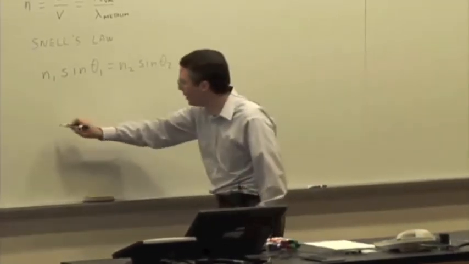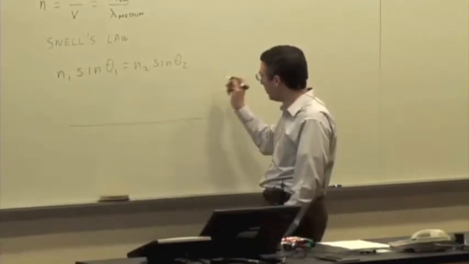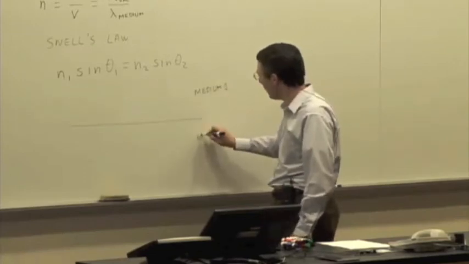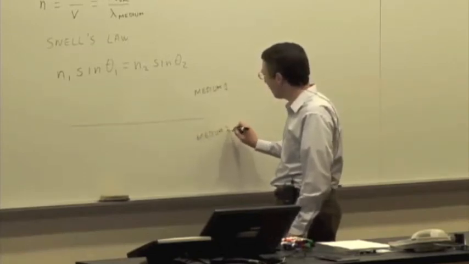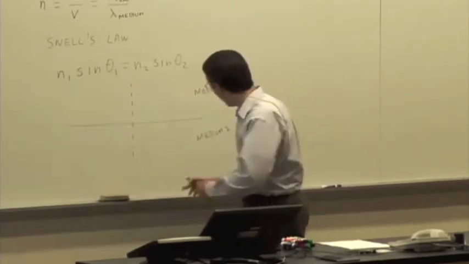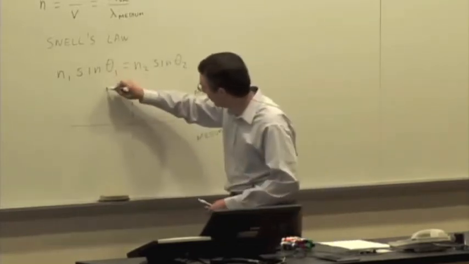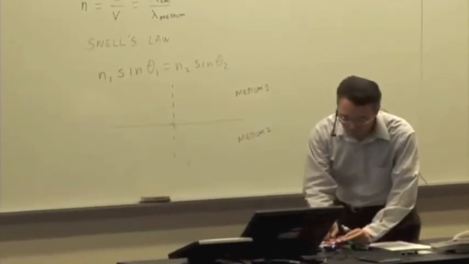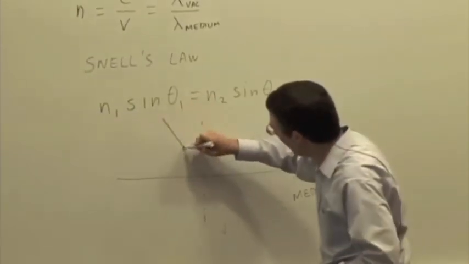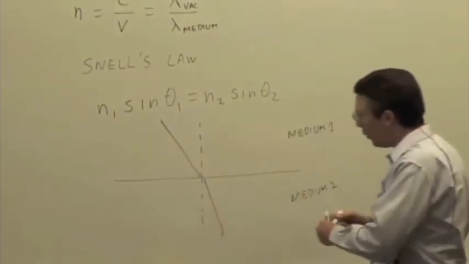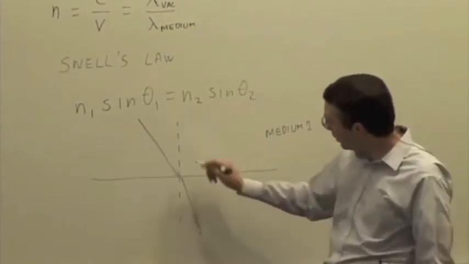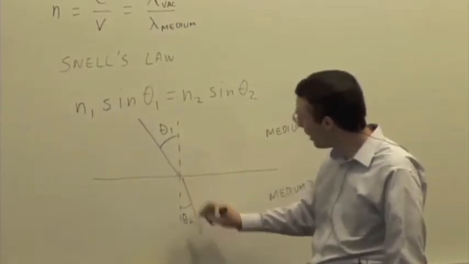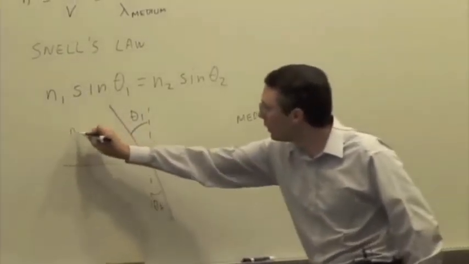So if this is some surface between two materials, medium 1 and medium 2, and you have a light ray traveling through here, then when the ray enters the second material, it's going to refract in some way. This angle is theta 1 and this angle is theta 2.